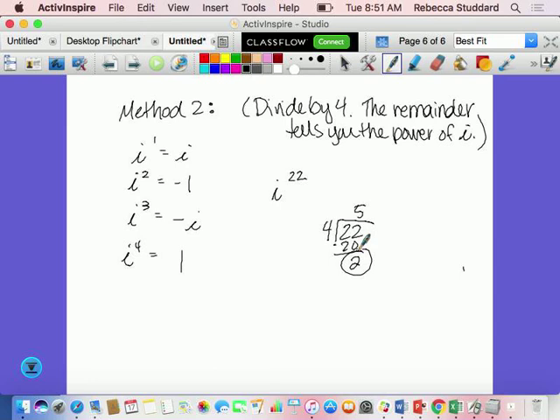I'm interested in the remainder. The remainder is 2, and the remainder tells me the power of i. So it's the same as i squared, which is negative 1. So i to the 22 is negative 1.